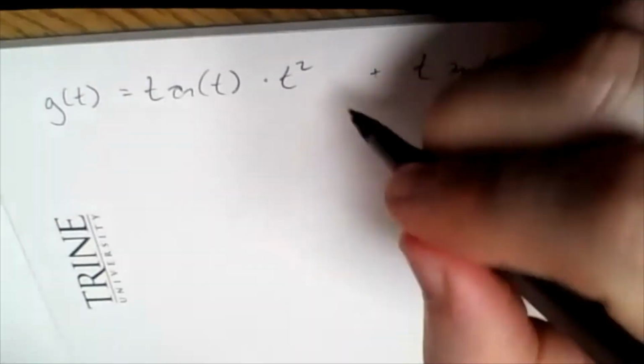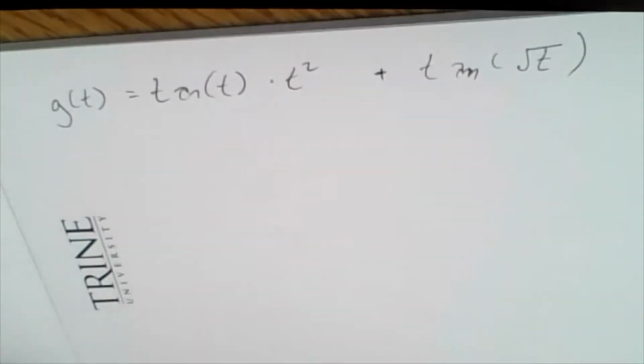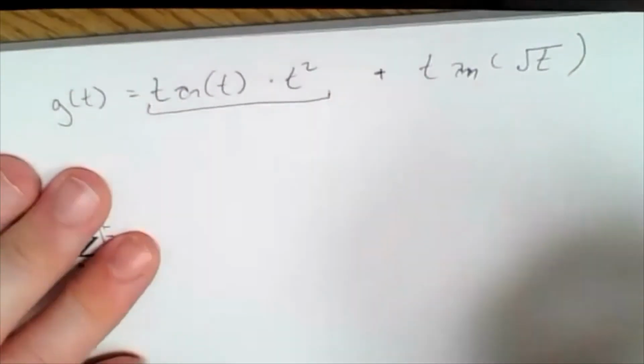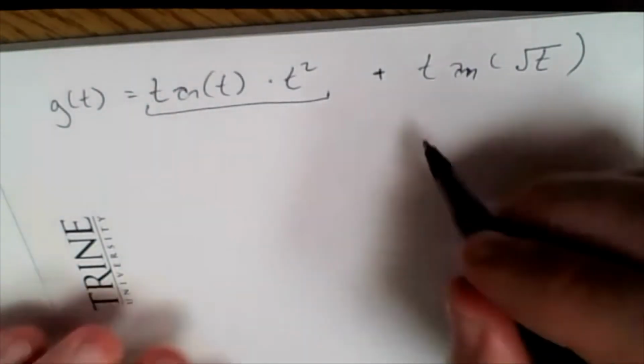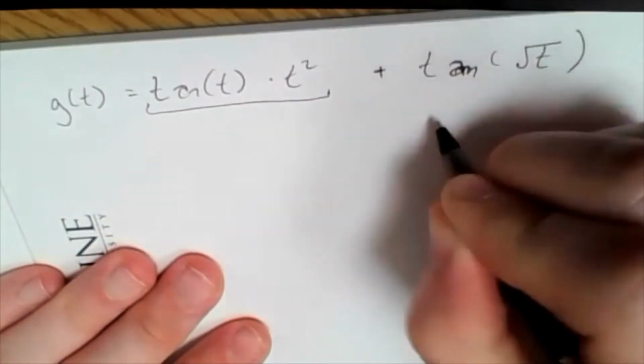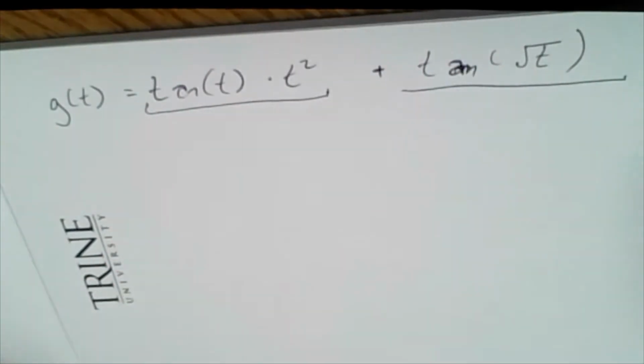I would recommend that we break this function into two pieces. One of them will be tangent of t times t squared. The other of them will be tangent of the square root of t. Doing them separately lets me focus on getting all the details right. At the very end, I can add those back together.